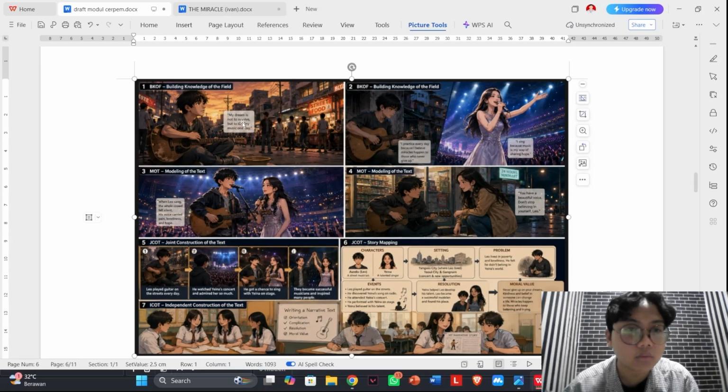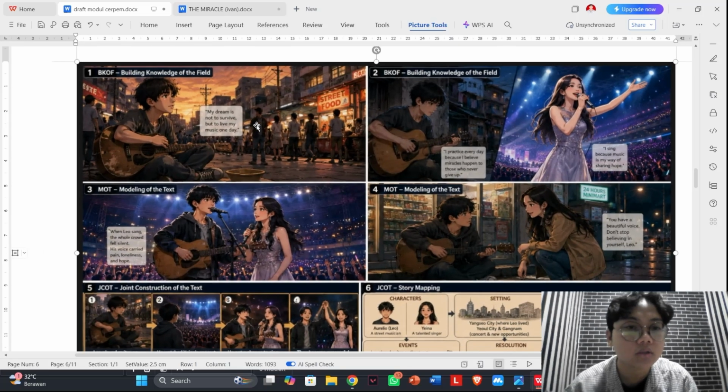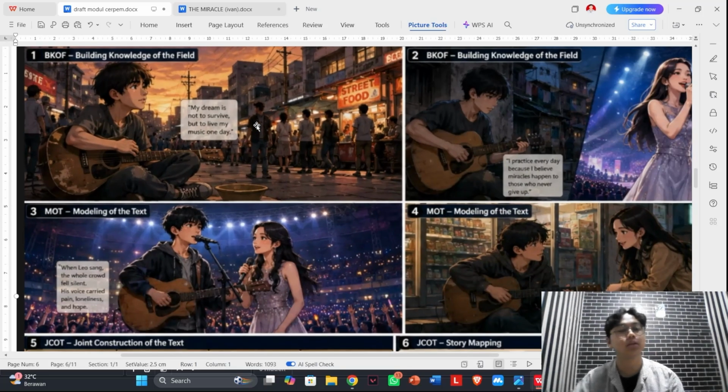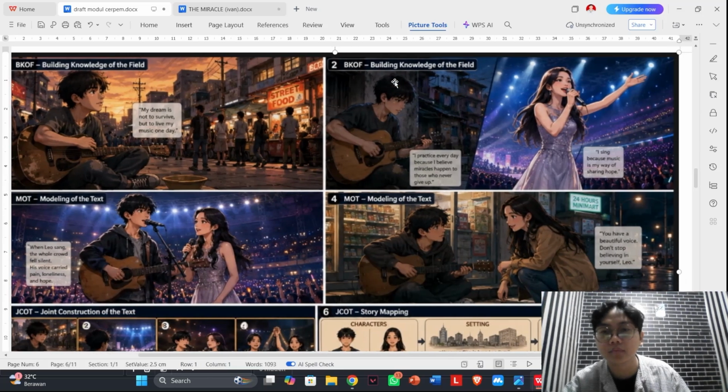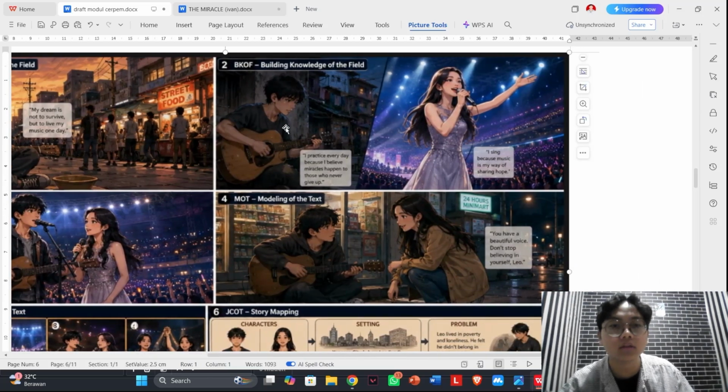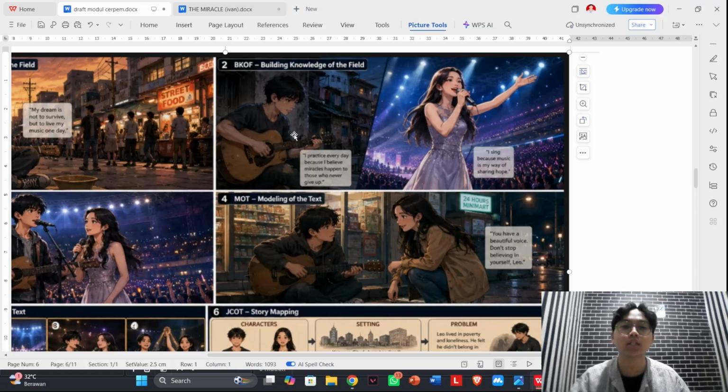The first scene: my dream is not to survive but to live my music one day. This gives the students an image in their brain so they know what the story is. And then the second is like that, showing the different lives of the characters. Leo has a simple life: I practice every day because I believe miracles happen to those who never give up.